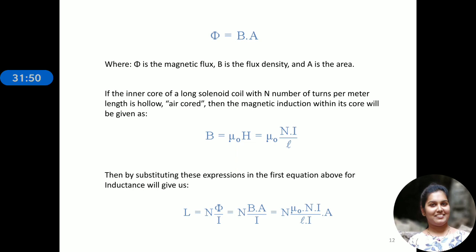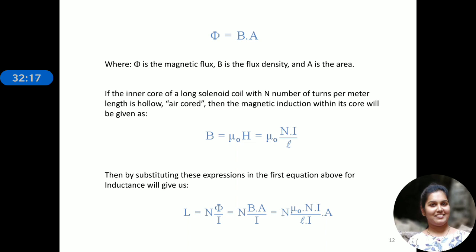Okay. For a coil, the magnetic flux produced in its inner core will be equal to phi is equal to B into A. We know that phi is the magnetic flux, B is the flux density, A is the area.